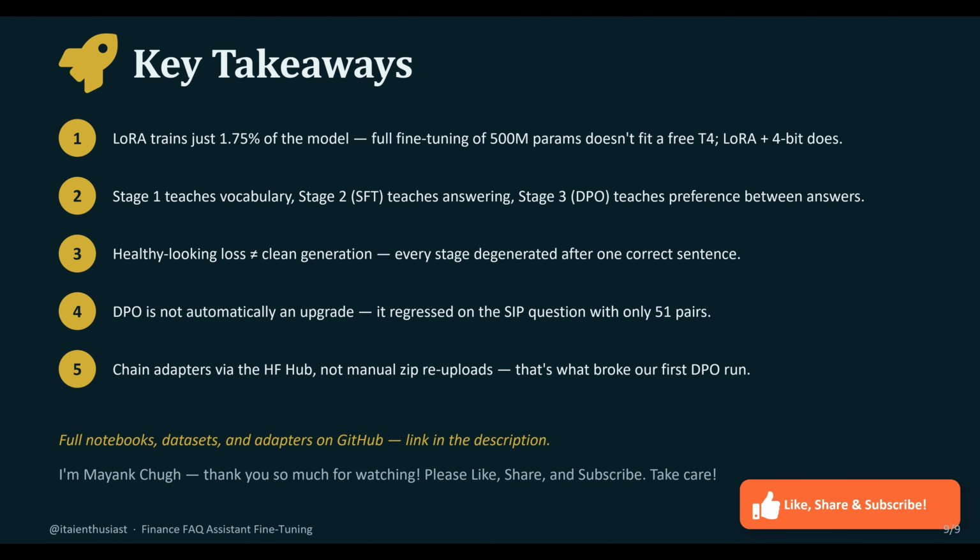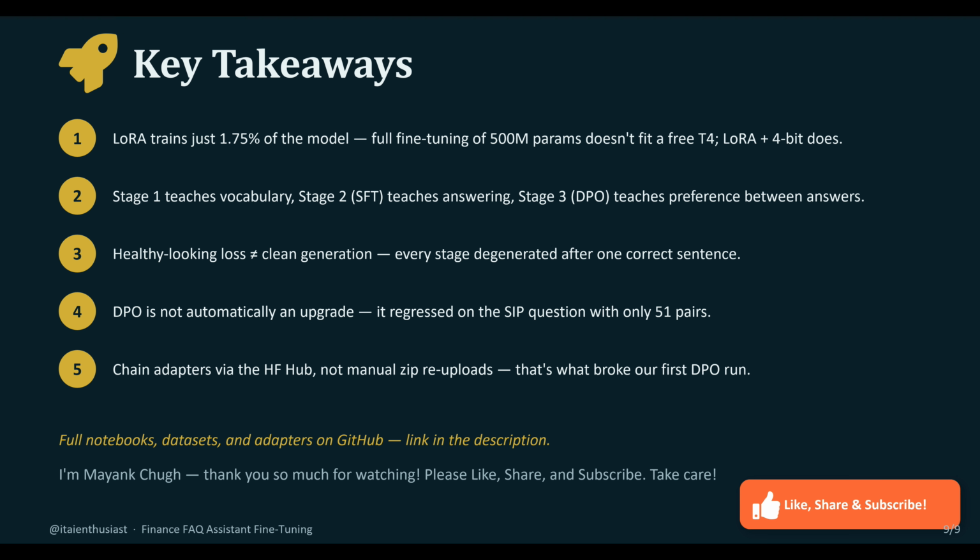Now, final key takeaways. One, LoRA lets us train just 1.75% of the parameters, which is exactly why this fits on a free T4 GPU. Two, the three stages teach three different things: vocabulary, then answering behavior, then preference between answers.